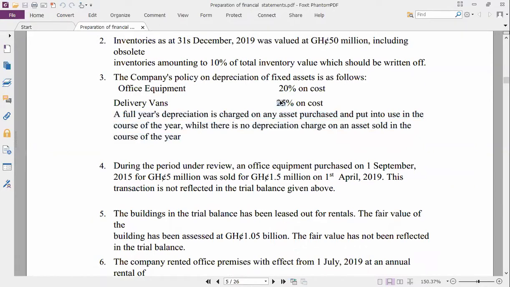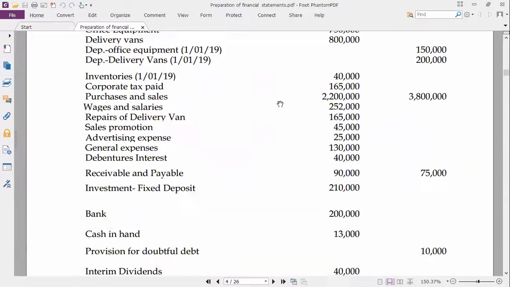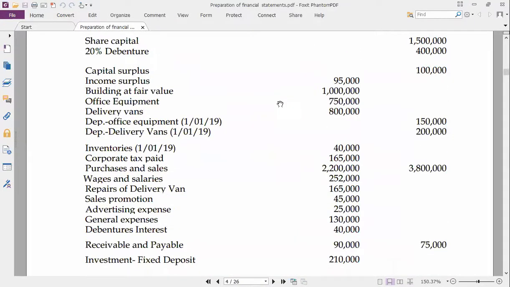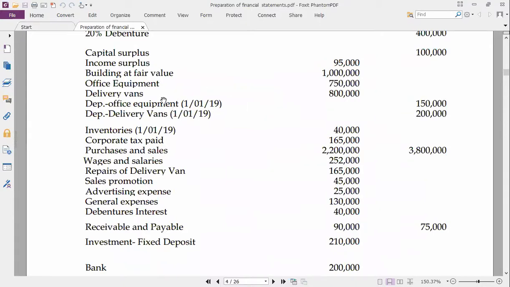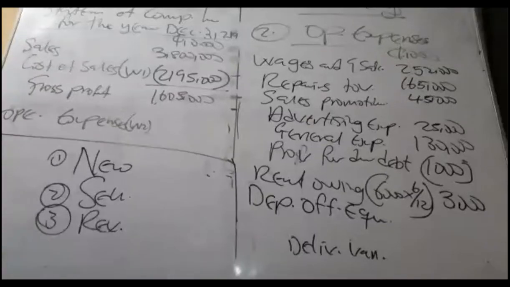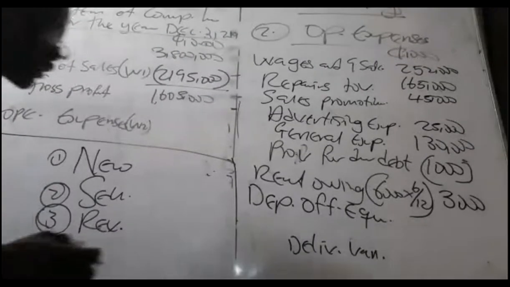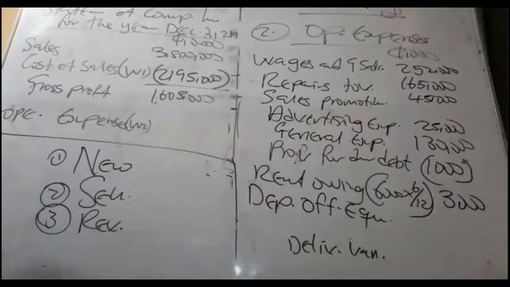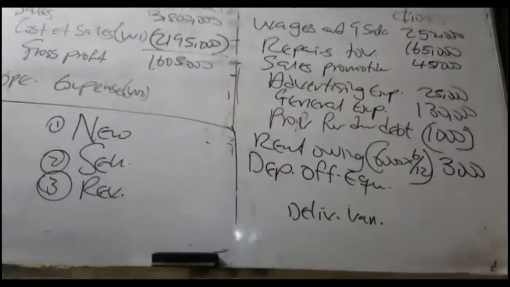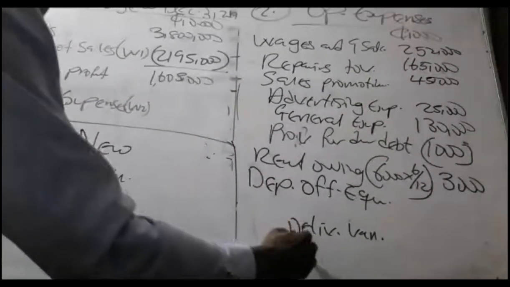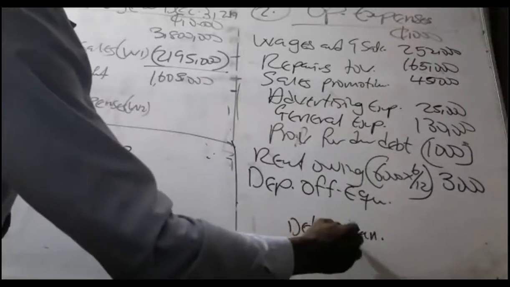So find 25% on the cost. The cost is in the trial balance. Let's go and pick the cost from the trial balance. Delivery van. Here it is. Delivery van is 800. So you find 25% of 800. So delivery van, I'll do that one first. So 25% times 800.